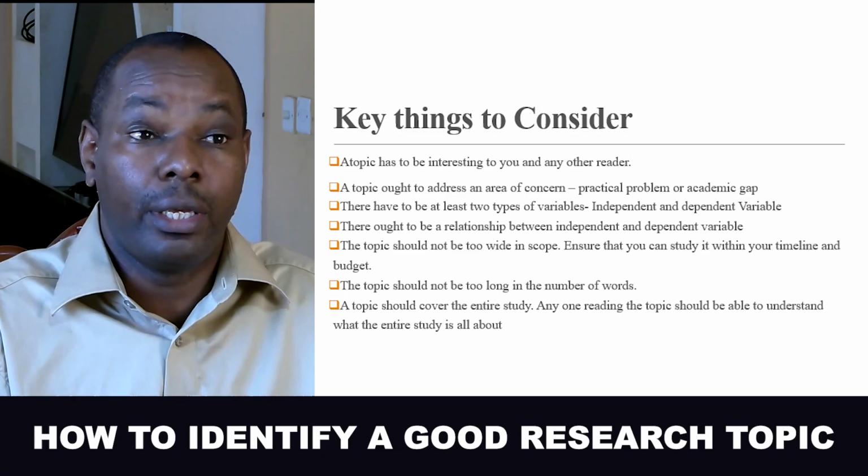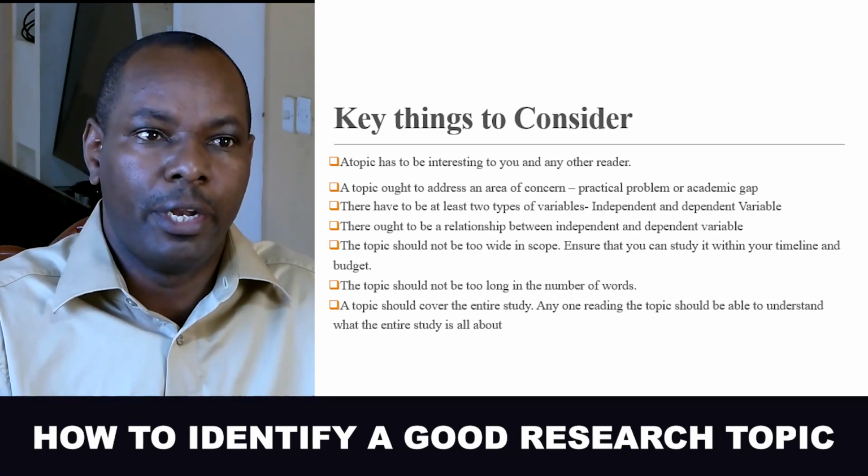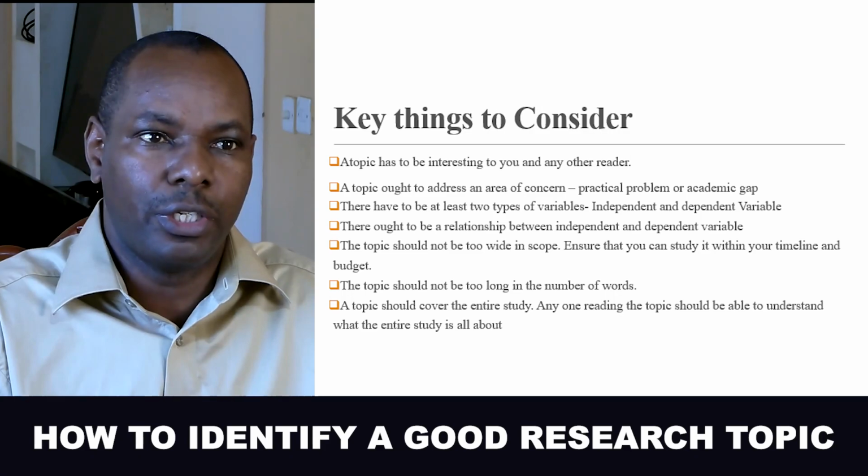There have to be at least two types of variables. Whenever you are looking for a topic, you need to see a relationship, because research ought to discuss a phenomenon that has a relationship. So there ought to be at least independent and dependent variables in it.